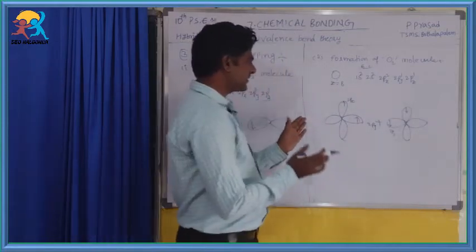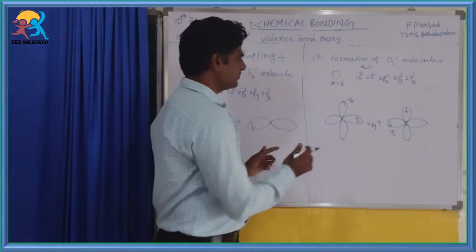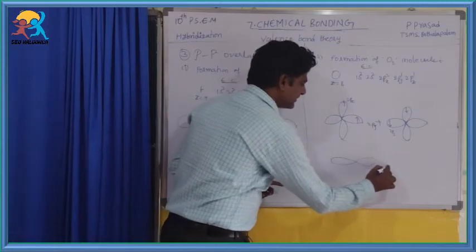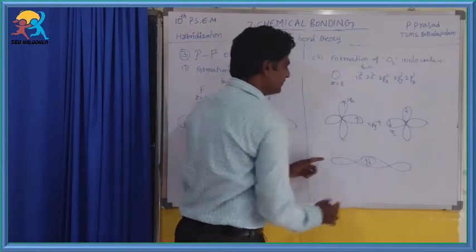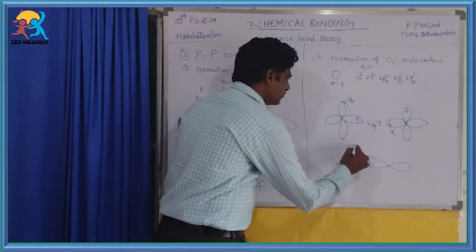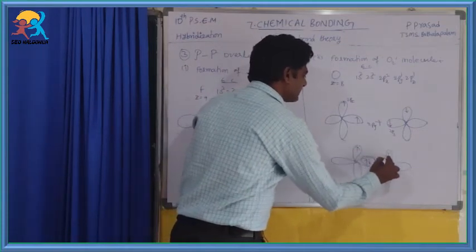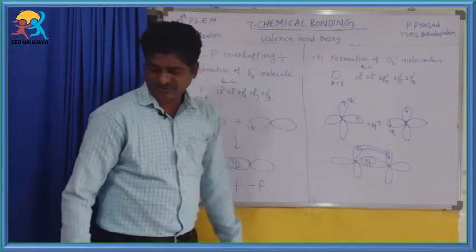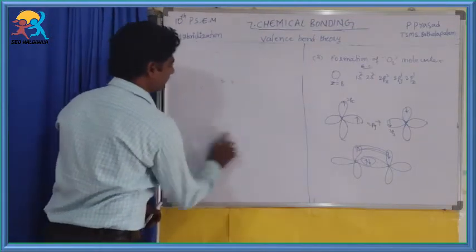So when these two atoms come closer, two shared pairs are possible. The 2py of both oxygen atoms overlap in end to end overlapping. Next, the 2pz orbitals overlap with sidewise overlapping.